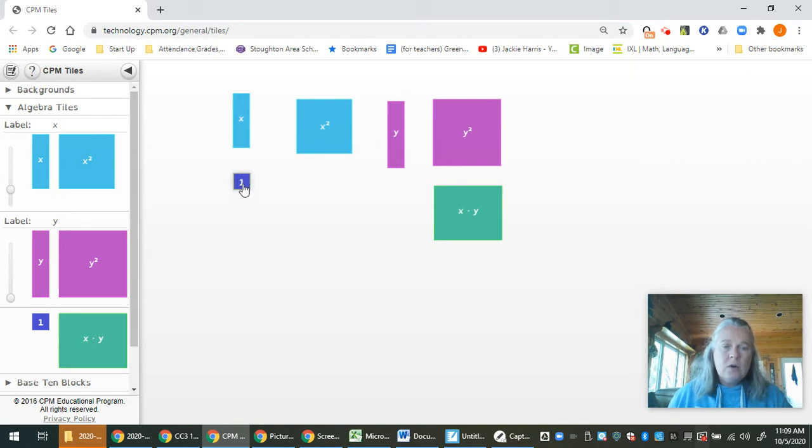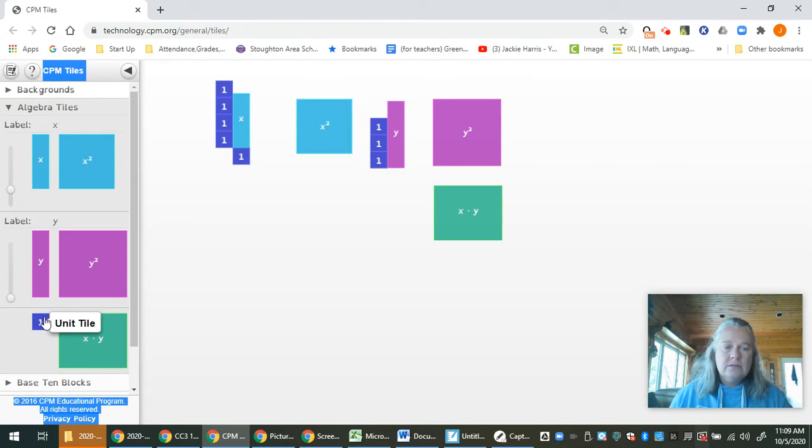Now, if you take that 1 tile and you measure it with this light blue tile called an X, or with the Y tile, they have the same width as a 1. If we try to measure an X tile, you will see that it doesn't quite line up perfectly. And they design the tiles like that because they don't want it to have an exact value.